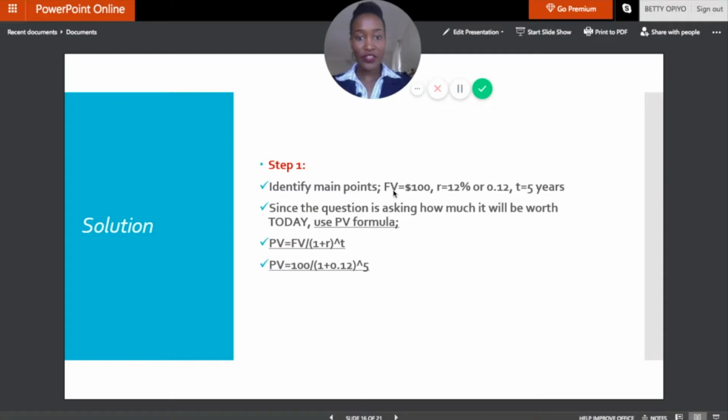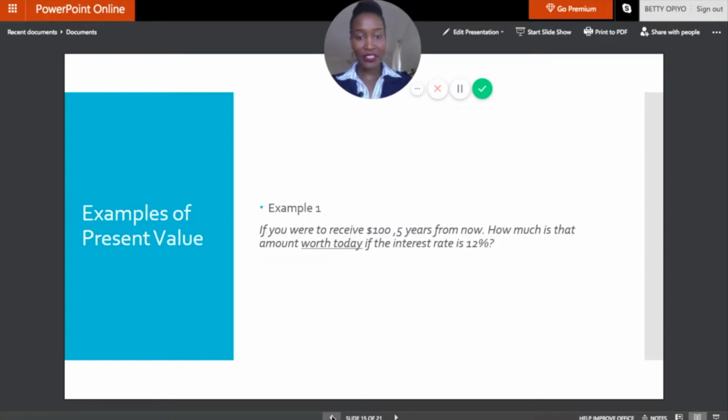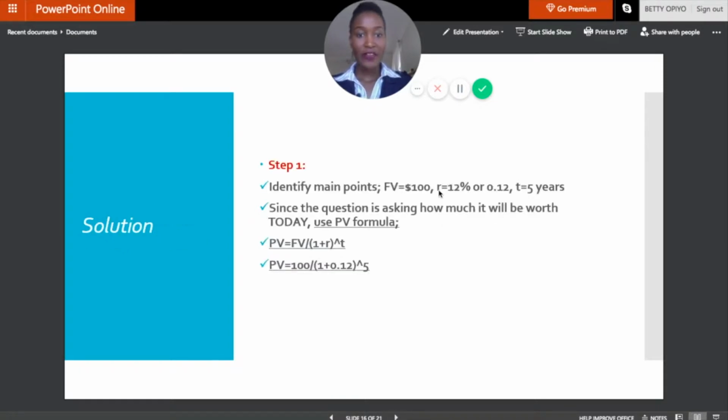The future value, or the FV, the amount of money that you're expecting in the future, is $100 in this example, because you're to receive $100 5 years from now. The R, or the interest rate, is 12%, or 0.12 as a decimal, and time, or the duration of the investment, is 5 years.